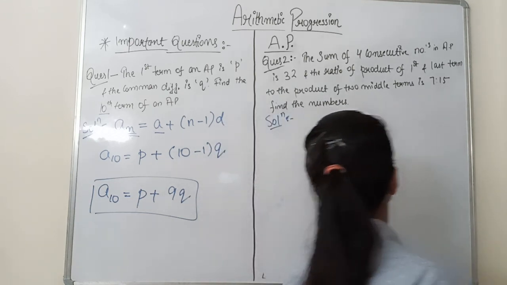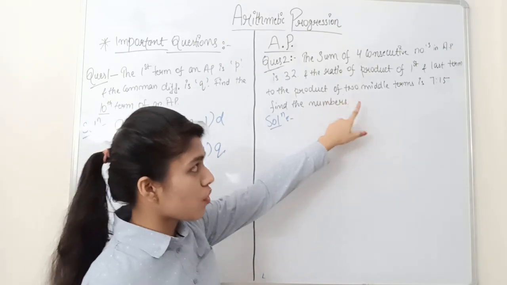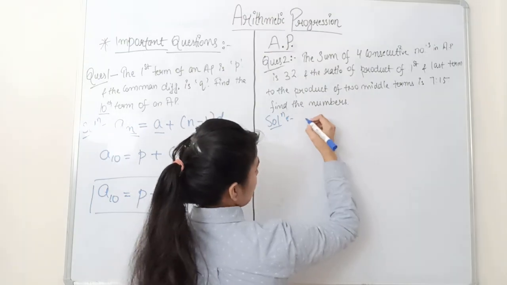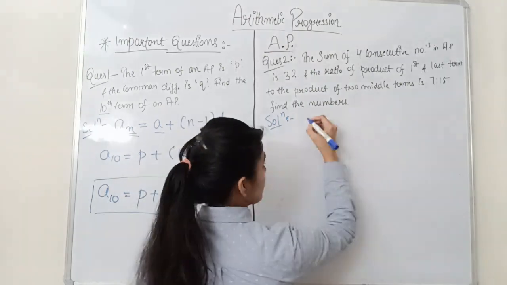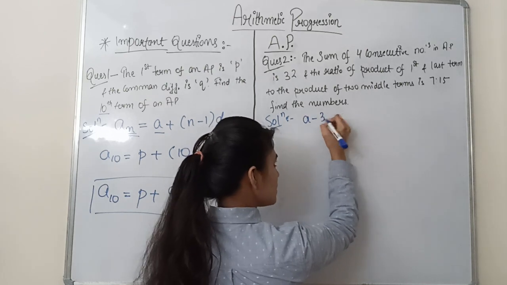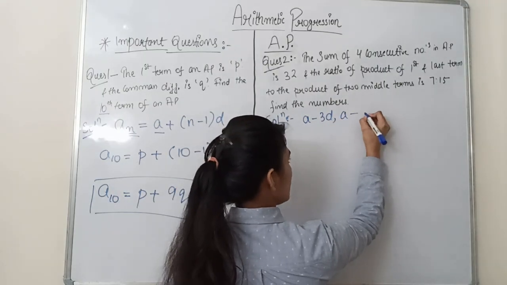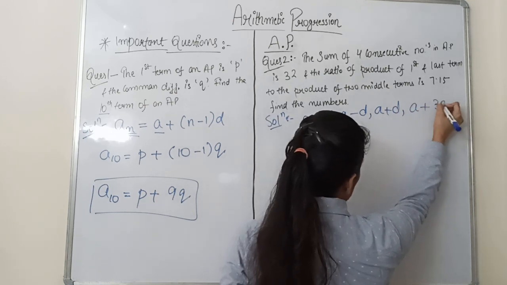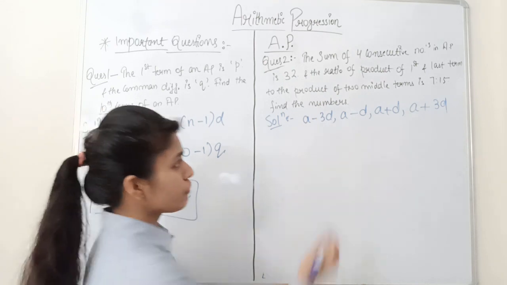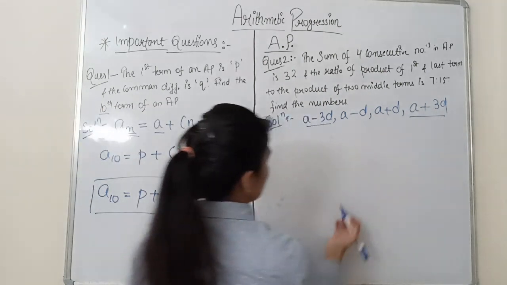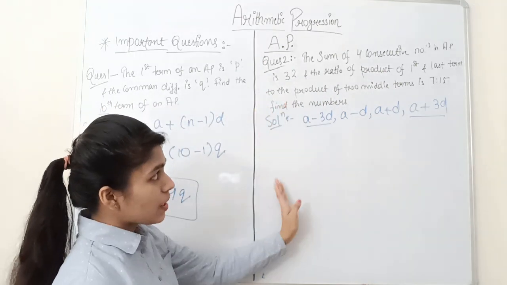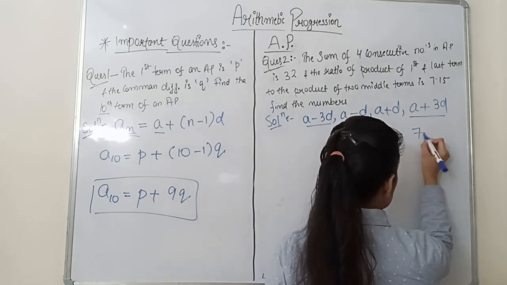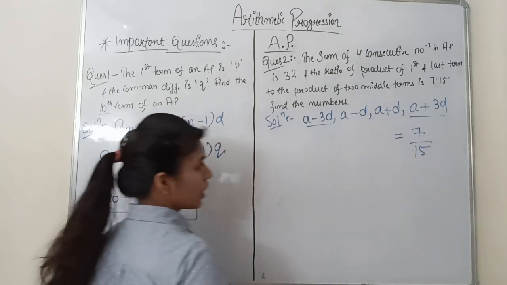The product of the first and last term divided by the product of the two middle terms is 7 by 15.